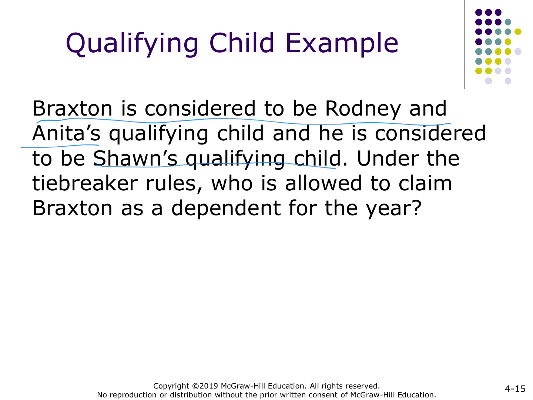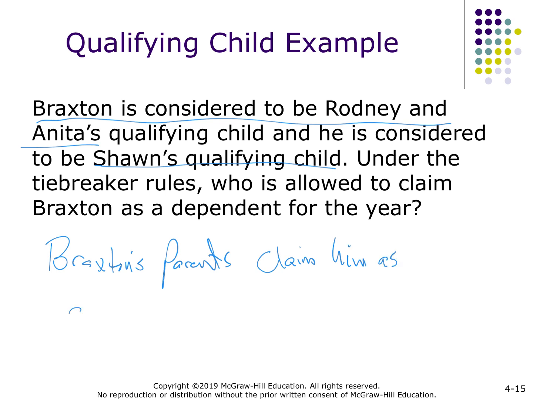But under the tiebreaker rules, Braxton's parents claim him as a dependent. Okay? All right, so that is the qualifying child dependency example.